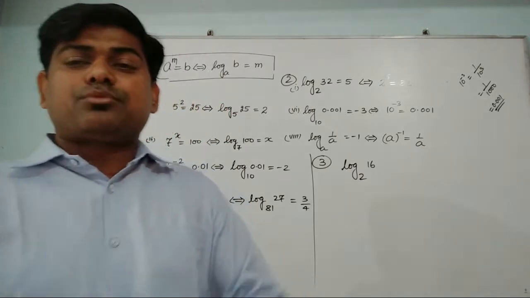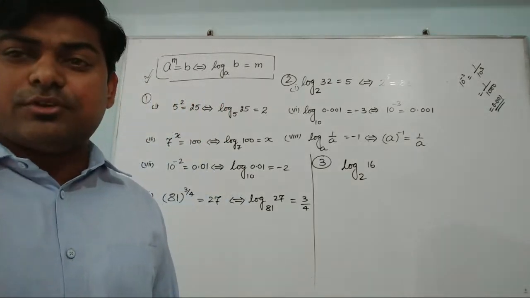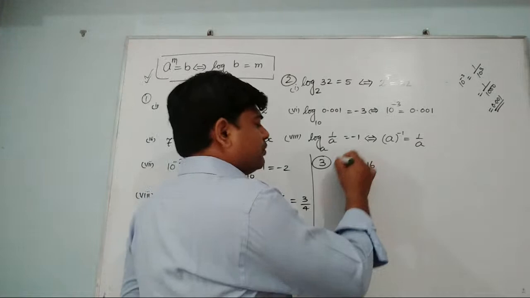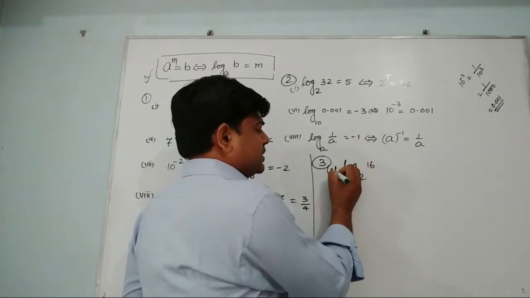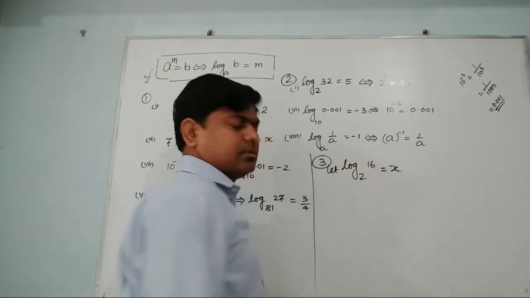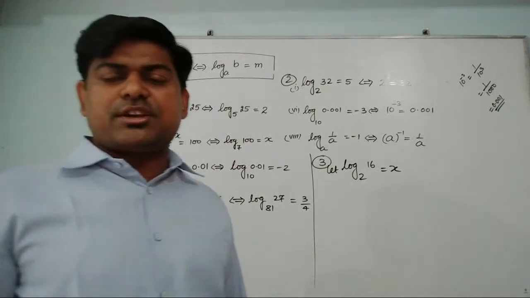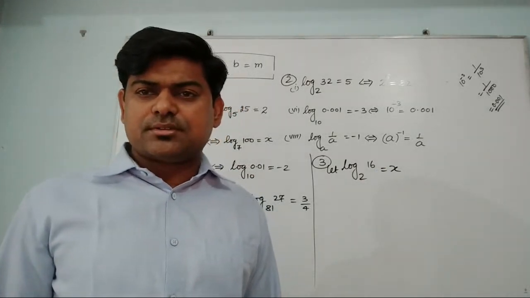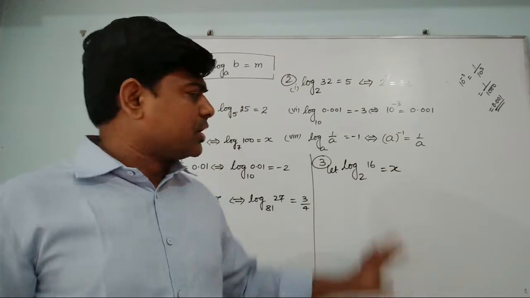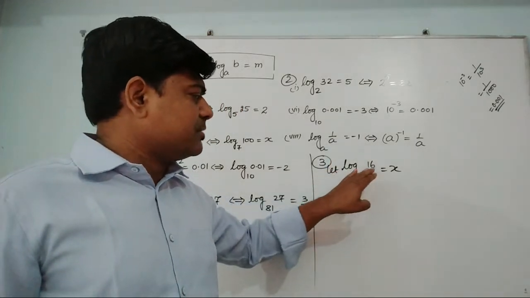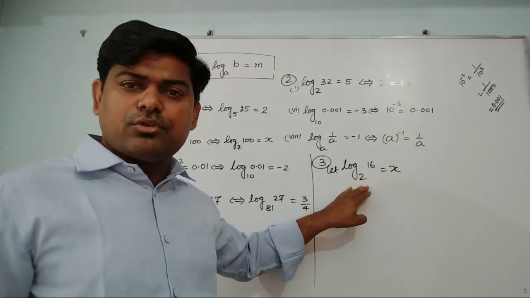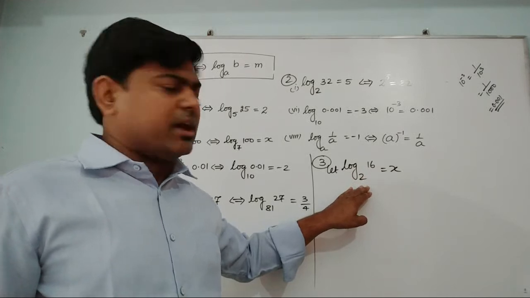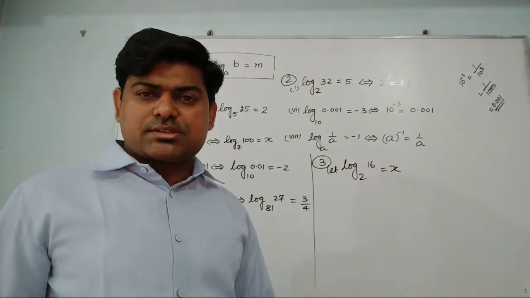But here we have to convert it into exponent form, then we will do it. It means I want to find the value of this whole thing, so I can write, let this be equal to x. It means what? We have to find the value of x. Are you getting me or not? That log 16 base 2, we want to find the value of this one. Simply I can say let it be equal to x.